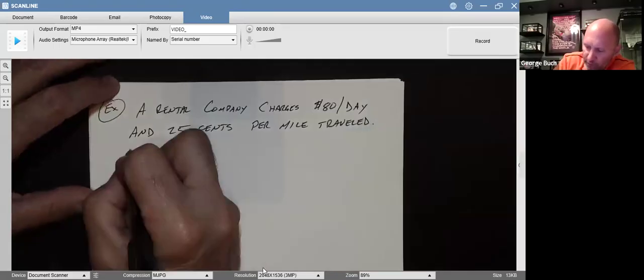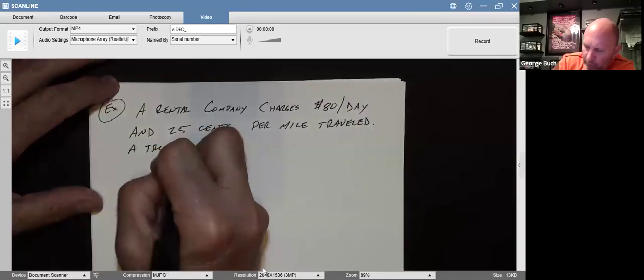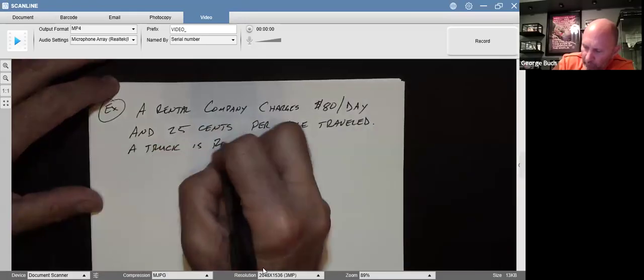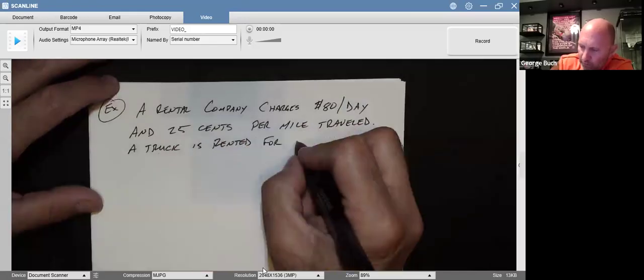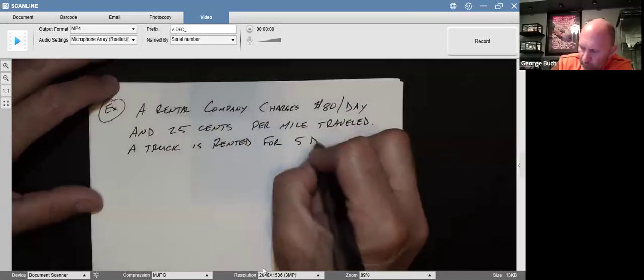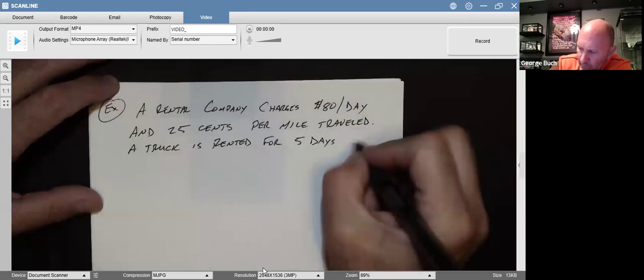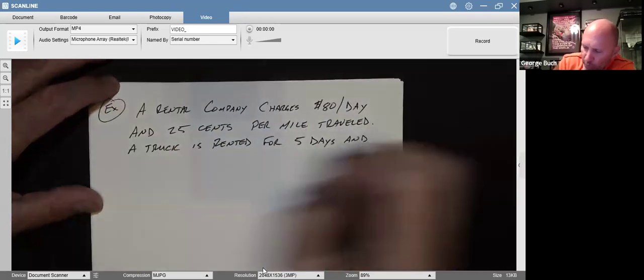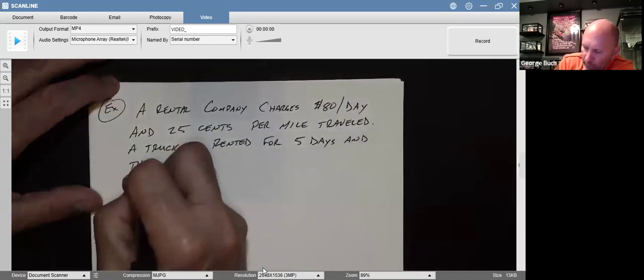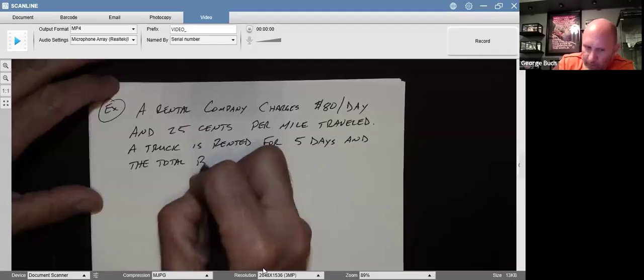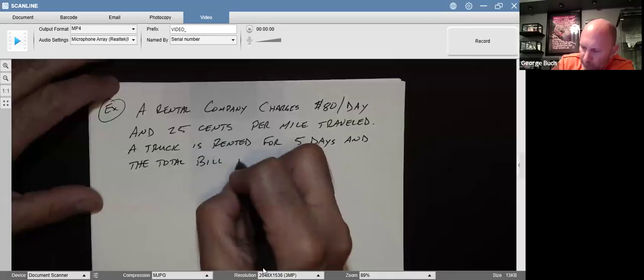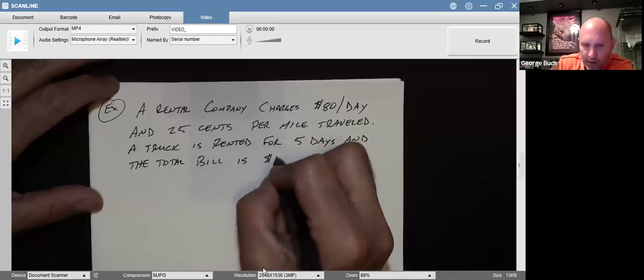A truck is rented for 5 days and the total bill is $476.